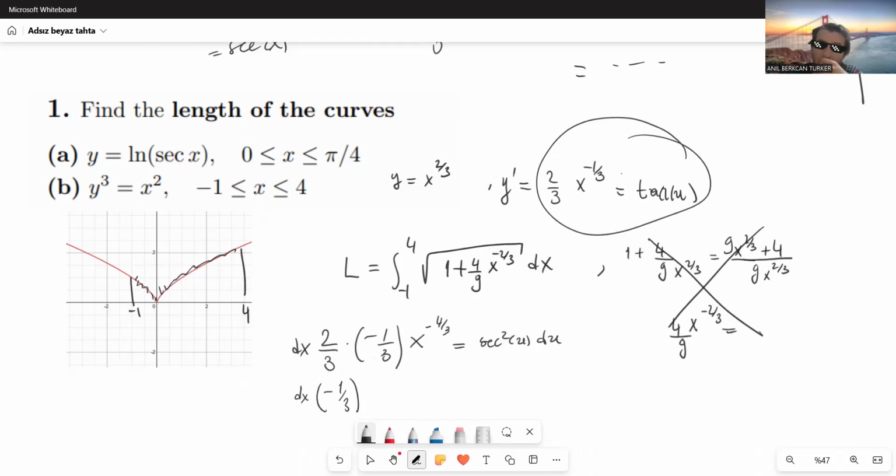Okay, this is the fourth power. So everything is mixed. tan u equals 2 over 3 x to the power minus 1 over 3. I want this term, so this is again 9. These are just constants and dx. So instead of x to the power minus 4 over 3, I'm going to put the fourth power of this. I hope I'm doing something not so bad.